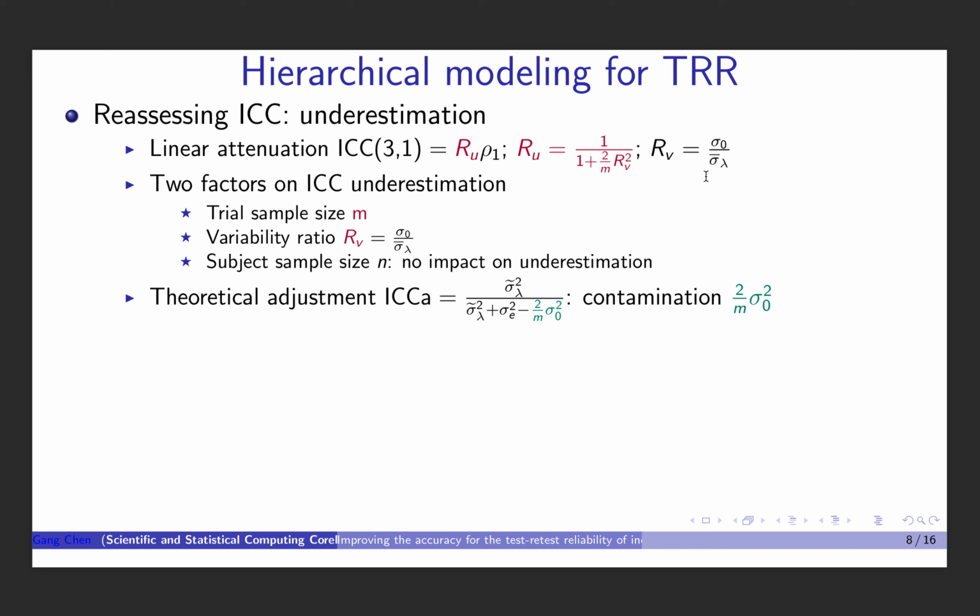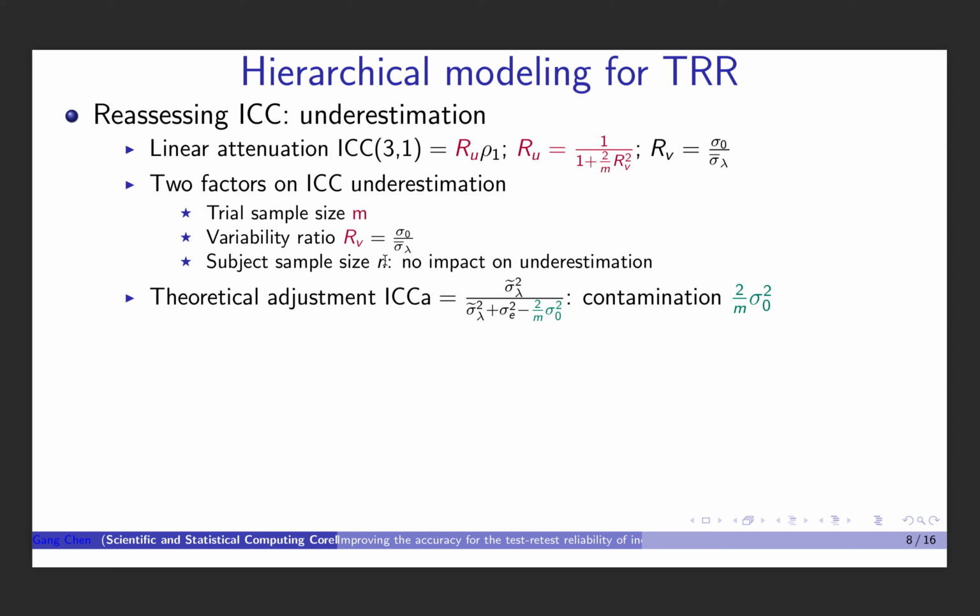That's one reason. Another reason, even later on when we discuss the hierarchical modeling, is that those two parameters are also important. Not about the accuracy, but about the uncertainty, the standard error, or how spread out the reliability is. So those two parameters are important not just for the traditional ICC underestimation, but also for how accurate we'll get the reliability estimates.